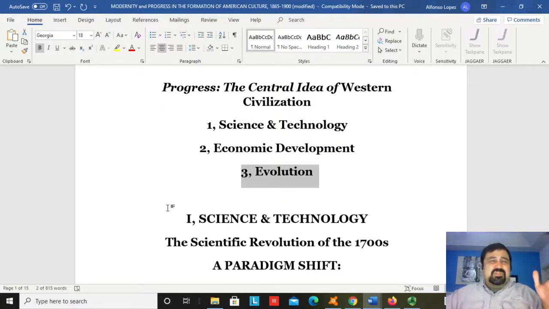The idea of evolution. In a nutshell, what the idea of evolution said is that not only are human beings progressing, but what Charles Darwin said is that all of nature is engaged in a process of change, and that all of nature is moving to a higher and higher order or a higher plane.